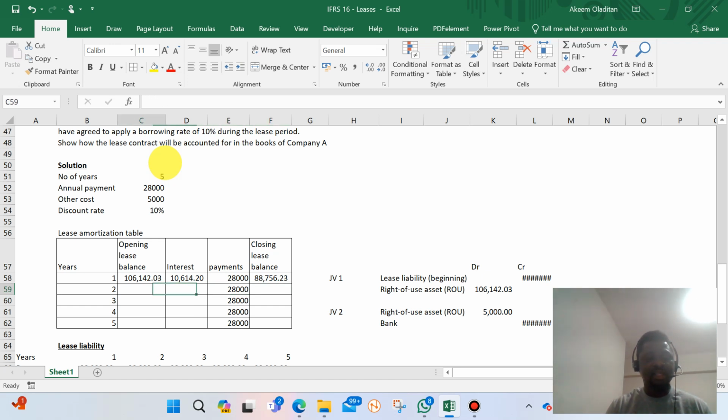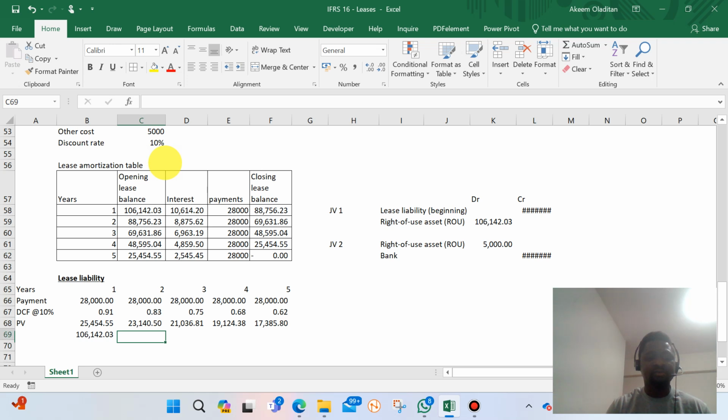So the next thing is the closing balance for year 1 will be the opening balance in year 2, while we continue that way, and the interest will be on the outstanding balance towards the end of the lease. So if you look at it here, we have the opening amount, which was calculated from the present value of the lease payments, is 106,142.03.